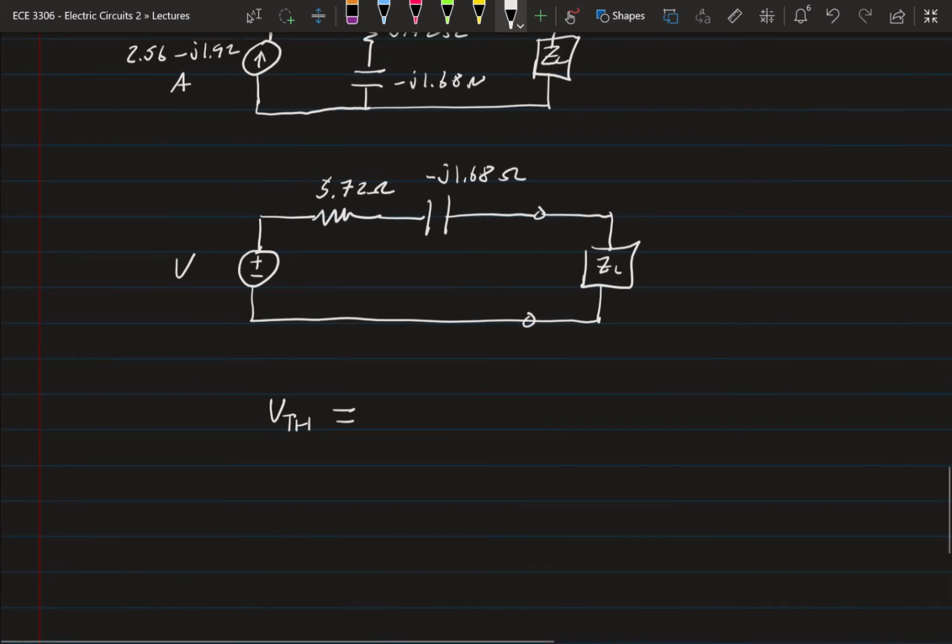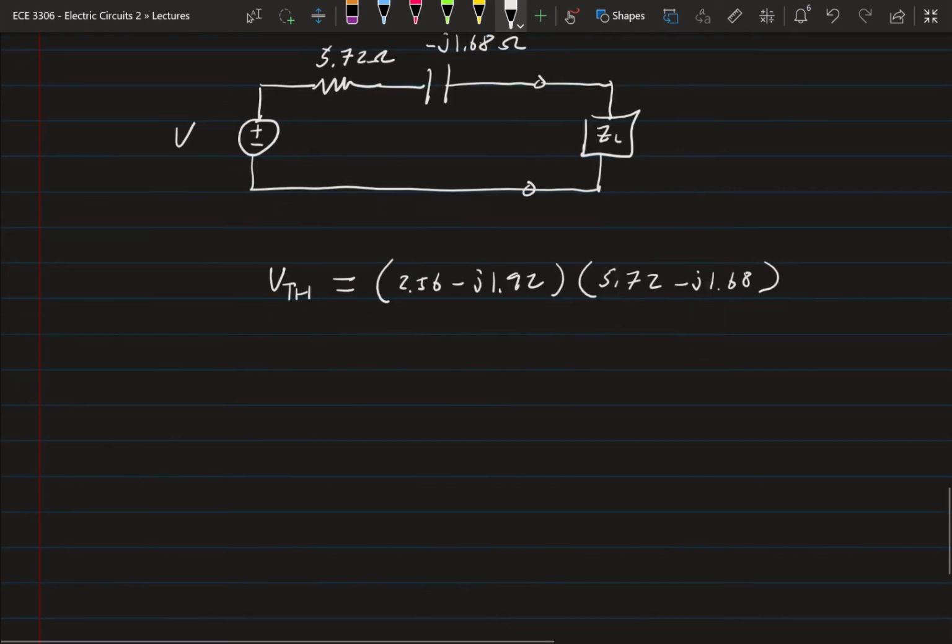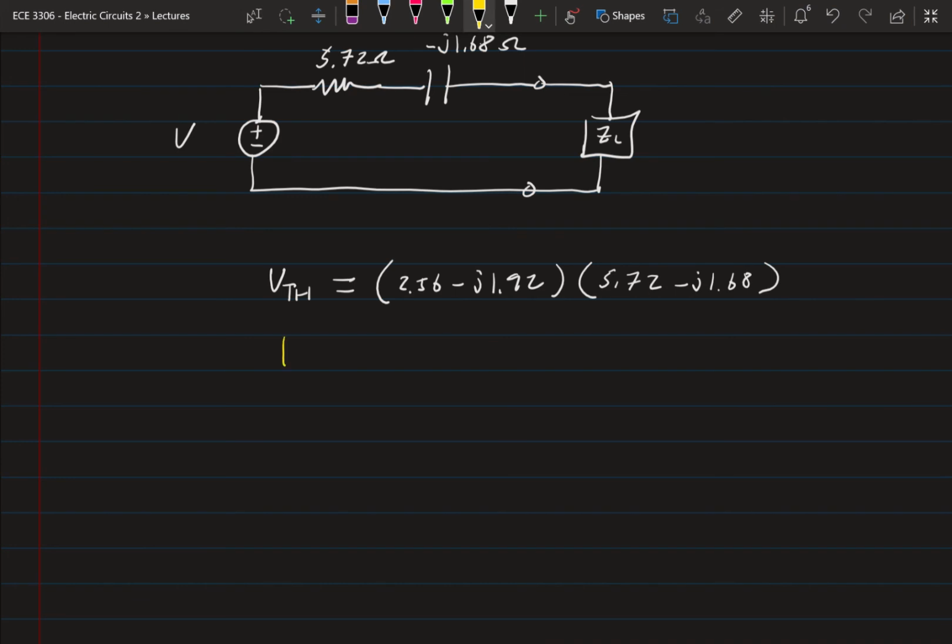That's I times R, so that's going to be 2.56 minus j1.92 times the impedance, 5.72 minus j1.68. And once you FOIL them and simplify, you'll get that our VTH is equal to 11.328 minus j15.296 volts.